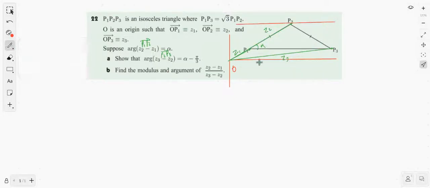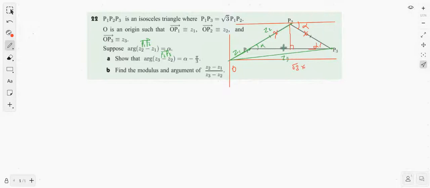Then we know that since this triangle is isosceles, this is alpha, and also since these two lines are parallel, this is also alpha. And let me just draw a perpendicular line to P1P3 from P2. Since this is isosceles, this perpendicular line bisects P1P3. So if this is x, then the whole P1P3 should be square root of 3 x.